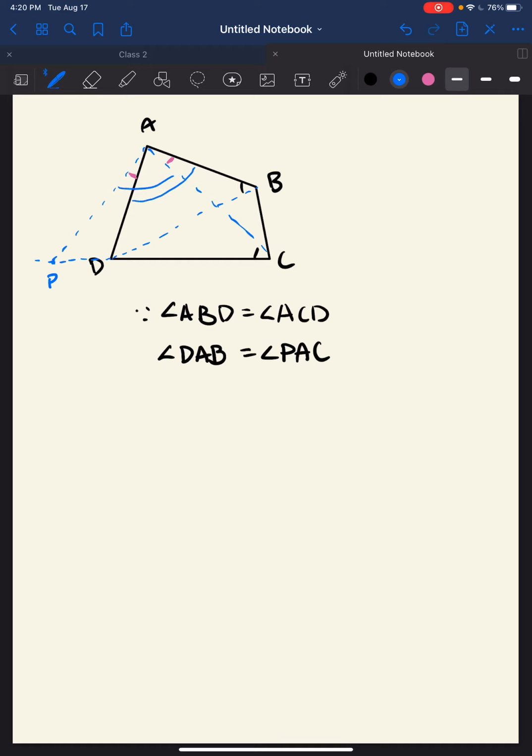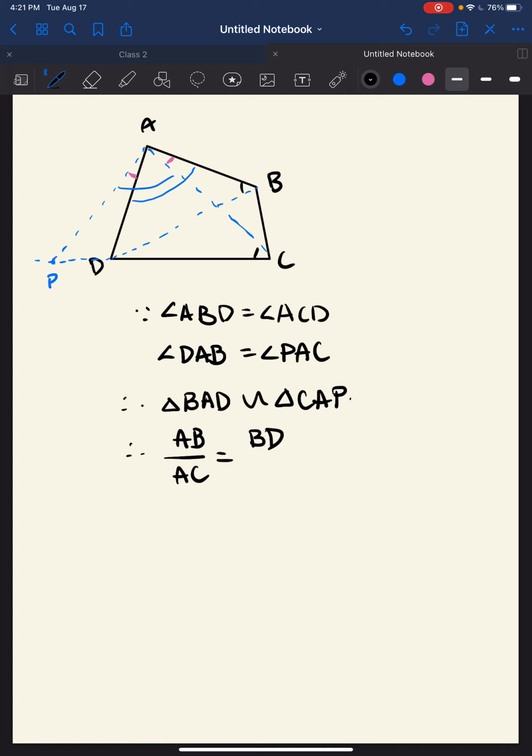We made these two pink angles equal, and if both of them are added to angle DAC, it turns into angle PAC and angle DAB, and these two angles should also be equal. Therefore, triangle BAD should be similar to triangle CAP. So, AB over AC should equal BD over CP, and this could be written as CP equals AC times BD over AB.